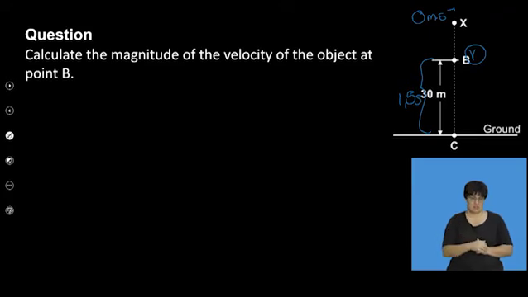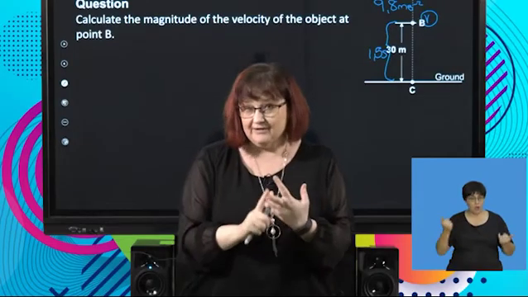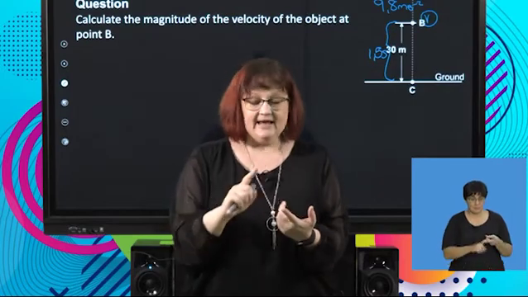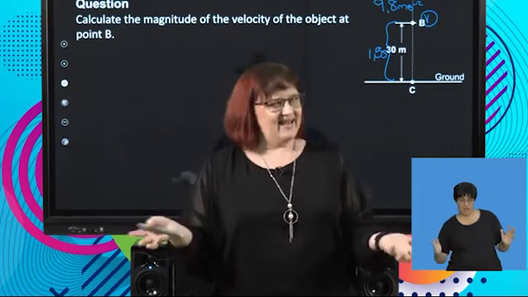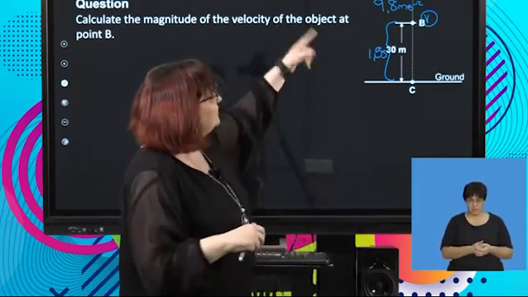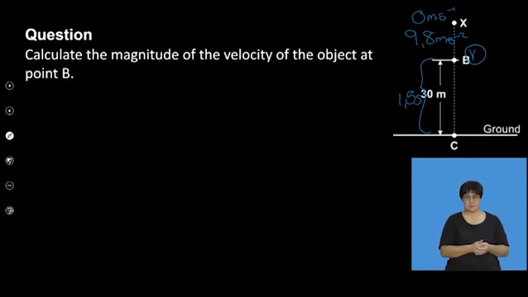If I consider the motion from X to B, I really do not have enough information. All I know is the initial velocity and the acceleration it experiences. I do not know how long it takes to get to B, and I do not know the distance to B. That's not useful.